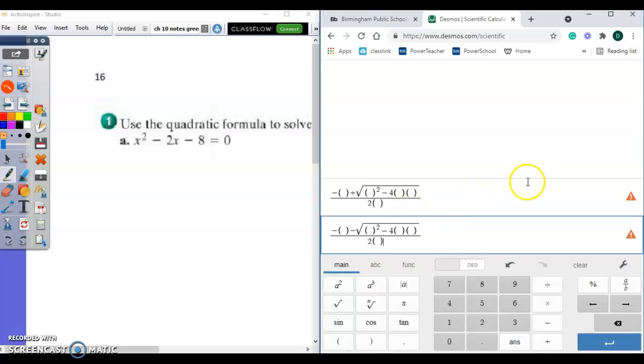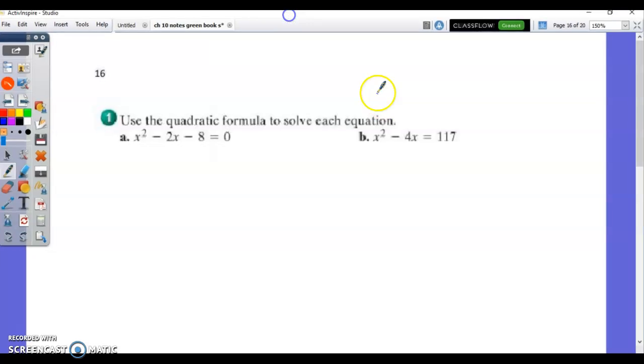The good thing about this is that if I have these ready to go, all I really have to do is identify a, b, and c, and then I can plug them in and get my two solutions. So again, it seems intimidating, but once you get the formula down, it's actually quite easy.